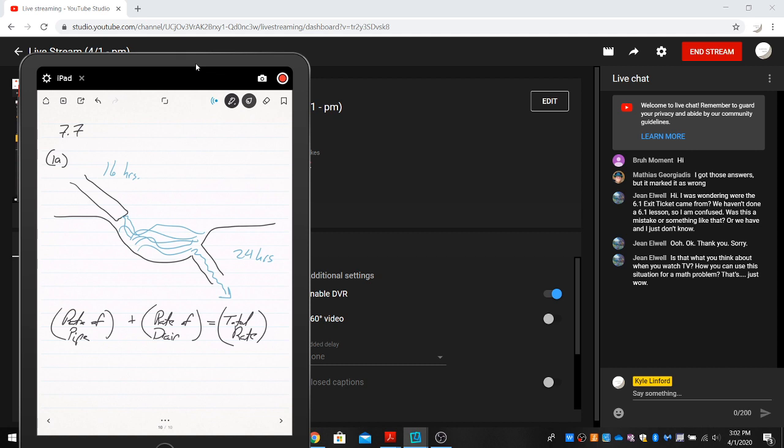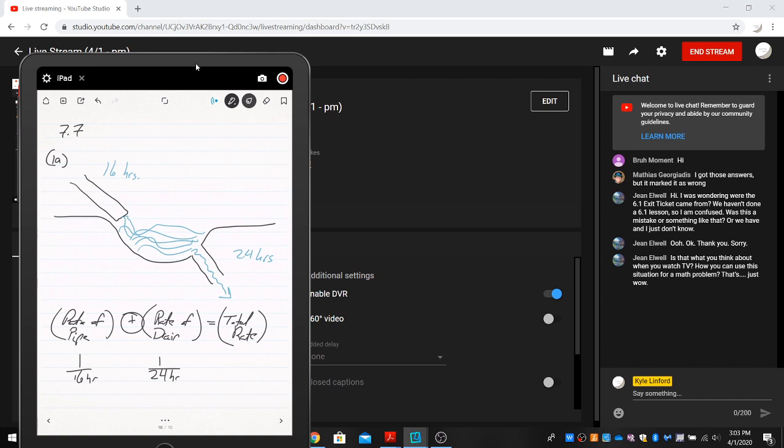So it's almost like we aren't really adding these together, because if I said the pipe can complete the job in 16 hours, so it can do one job for 16 hours, and the drainage can complete the one job in 24 hours. So hopefully this makes sense.